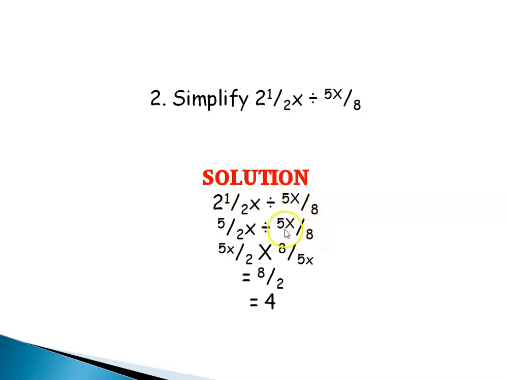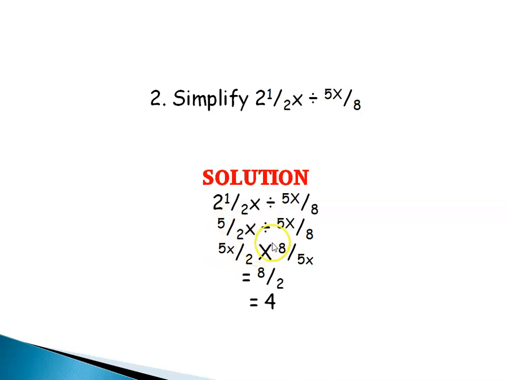Did you see that? Alright, so the next thing is I'm going to change this division to multiplication. Remember, when you're dividing a fraction, after you change it to the multiplication sign, the denominator here becomes the numerator, while the numerator becomes the denominator. And that's what I've done here. 5 times x will give me 5x divided by this 2.